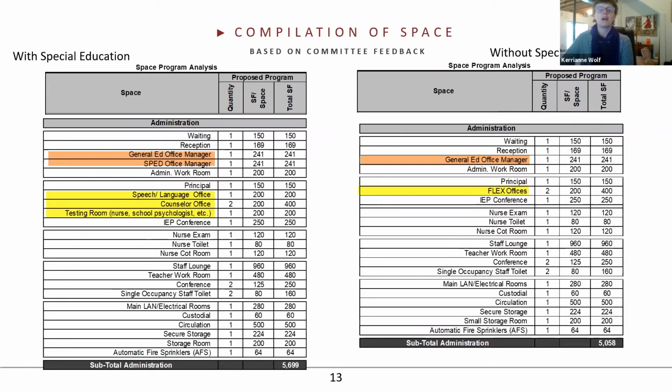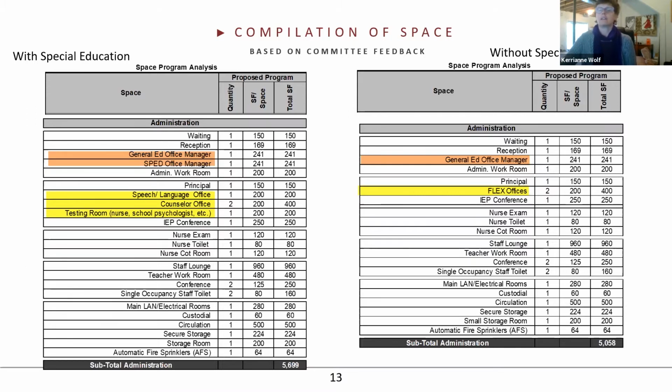The slide in front of you now shows the administrative spaces. The ones that are highlighted are the difference between a building with special ed and a building without special ed. We would have a general ed office manager and a special ed office manager at a building with special education, as opposed to just a general office manager.